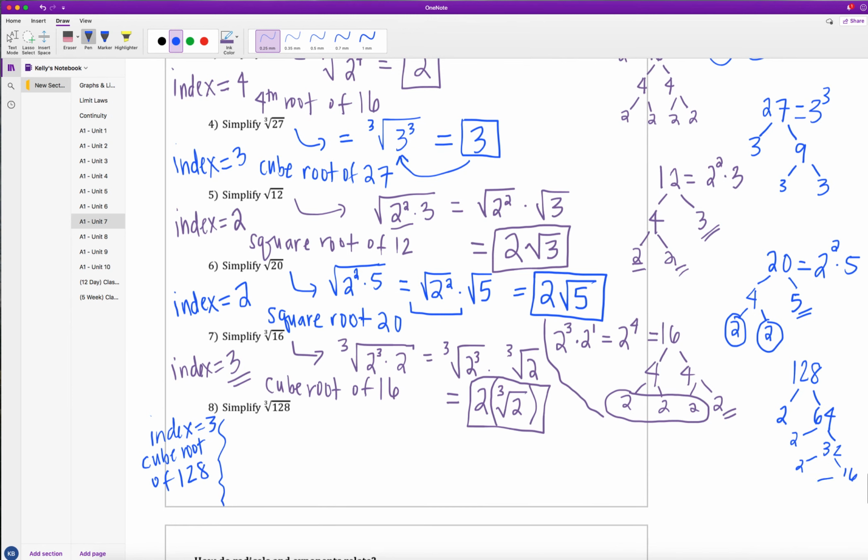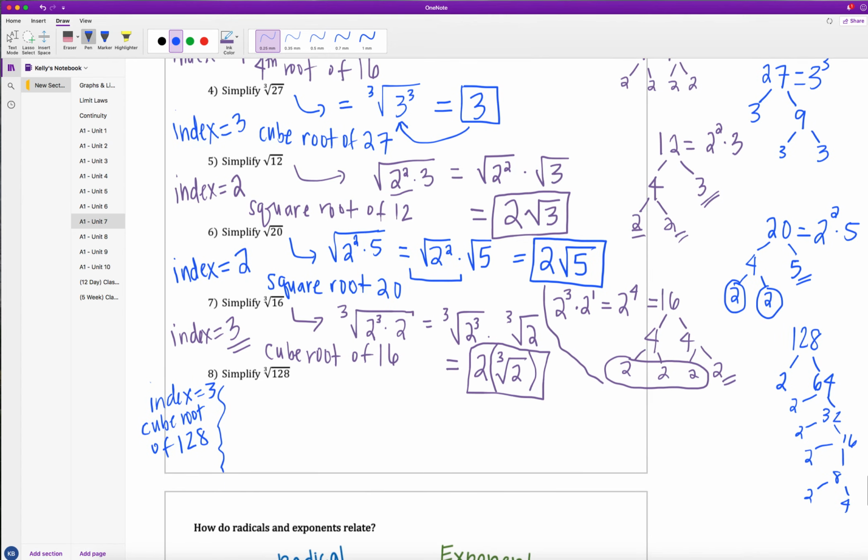And then 16 can factor as 2 times 8, and then 8 can factor as 2 times 4, and then the 4 I can keep factoring, wow, as 2 times 2. So I ended up with 1, 2, 3, 4, 5, 6, 7 2's. Wow. So 128 is equal to 2 to the 7th.